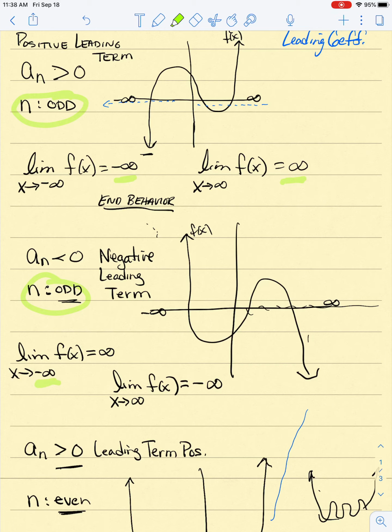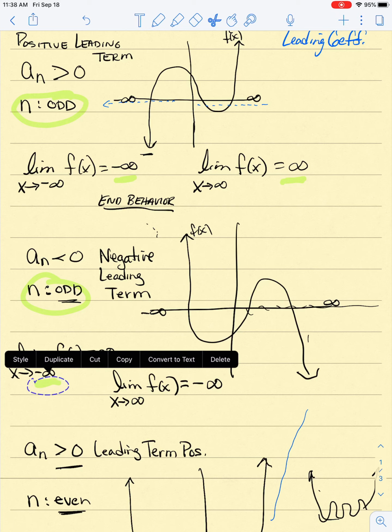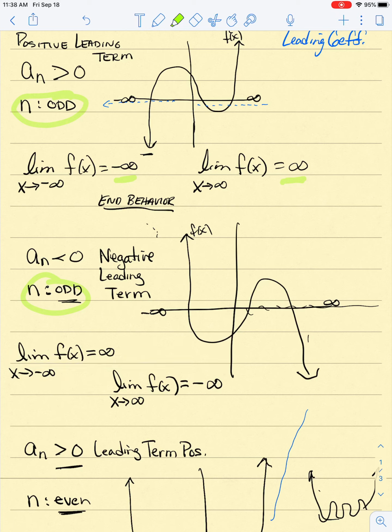One's up, one's down. So if we're odd, we're going opposite directions on our limit statements, or on the end behavior.